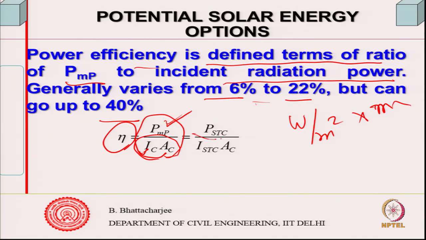This is the same as in the standard condition. So, if I take a standard condition, I know what my IST is, that is the standard incident radiation I am considering, then this is how I define the efficiency. So, this is the electrical power, this is the actual radiation power that is coming in, solar radiation that is coming in. So, this varies from 6 to 22%, some cases can be 40% or so.